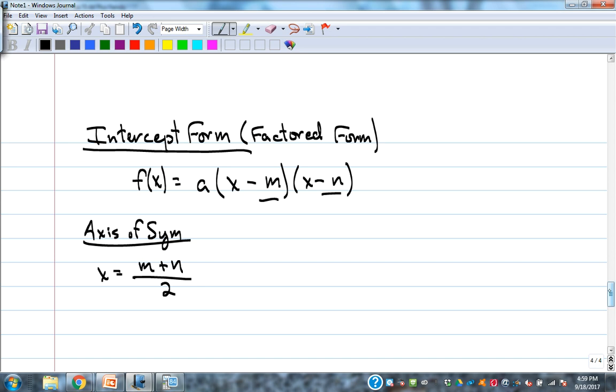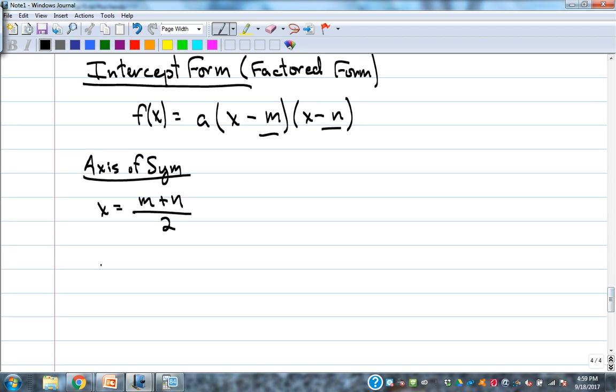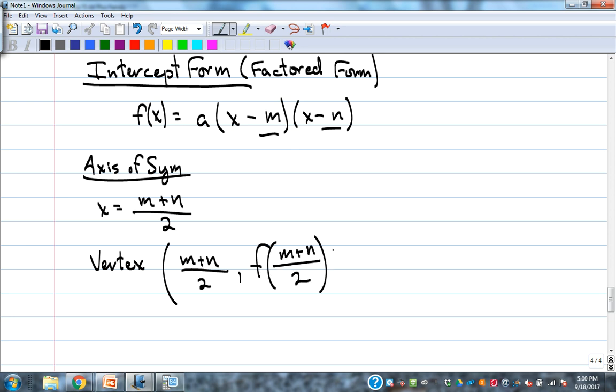And then the vertex: you just take that number, plug it into the function, and get the vertex out of that.